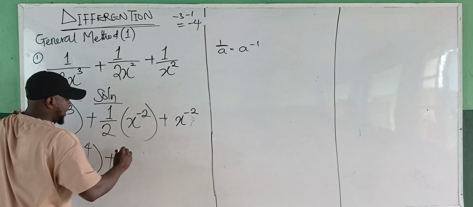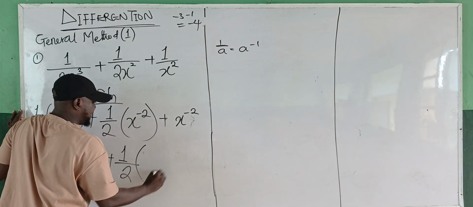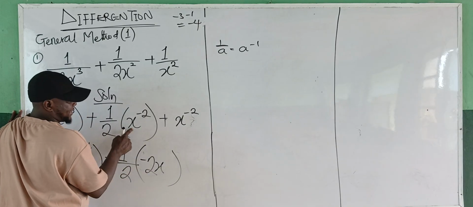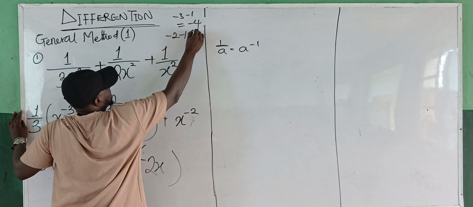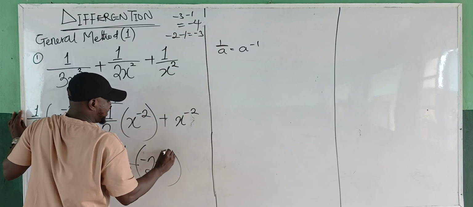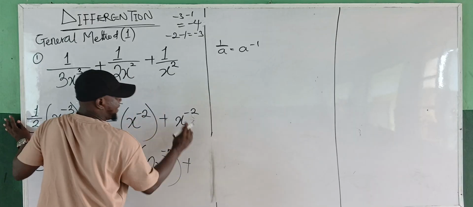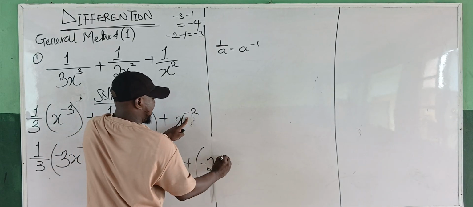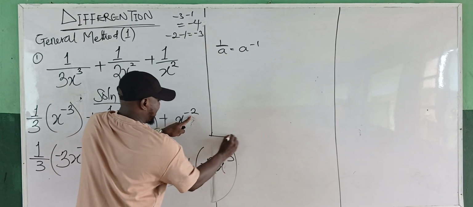Plus, I'll bring 1 over 2 down, and then I'll differentiate this. You use 2 to multiply your x and then remove 1. So minus 2 minus 1 will give us minus 3. So I'm having minus 3 here. Then plus, same as this, I'm multiplying, so that will give us minus 2x. Then minus 2 minus 1 will give us this. This is what I'm having here.